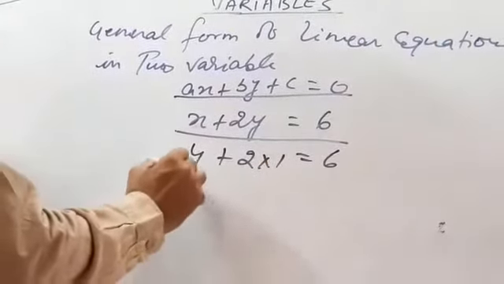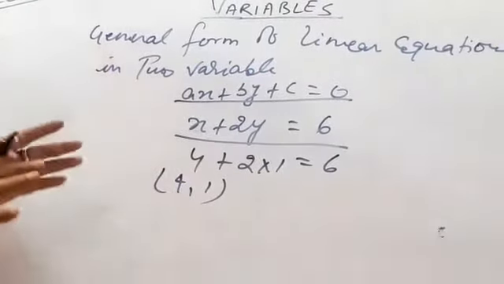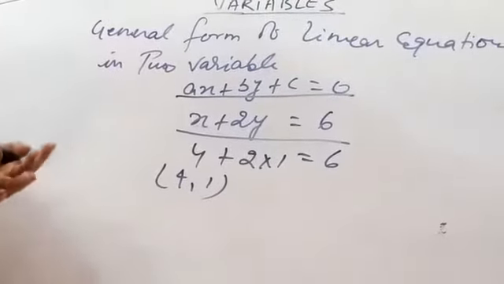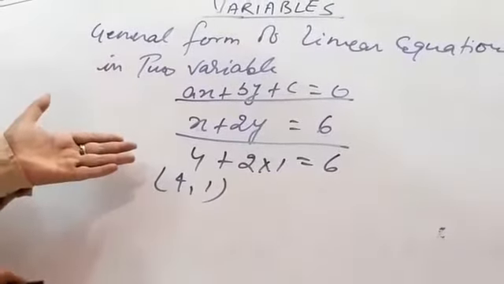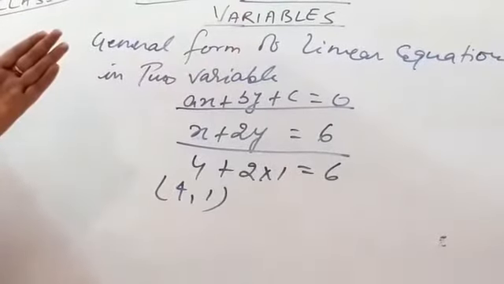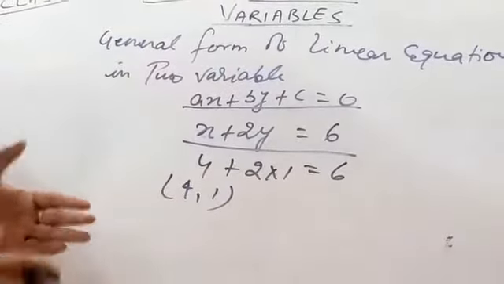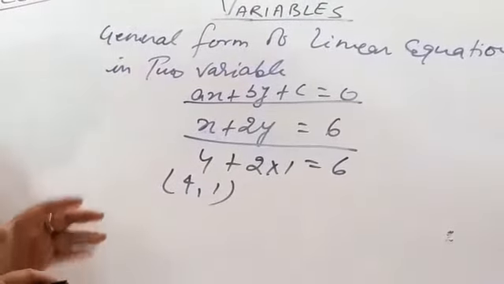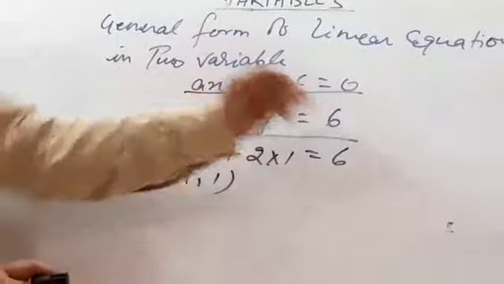So what is the solution? 4 comma 1. So it opens up the situation. If you think likewise, it will have many solutions, an infinite number of solutions. If we put in the values of x and y, it gives 6.